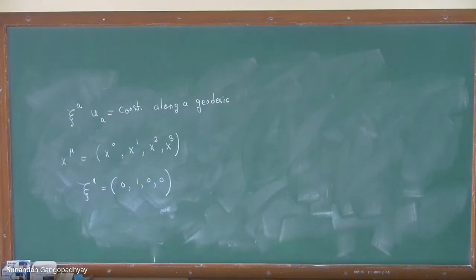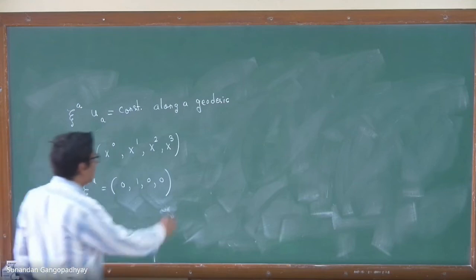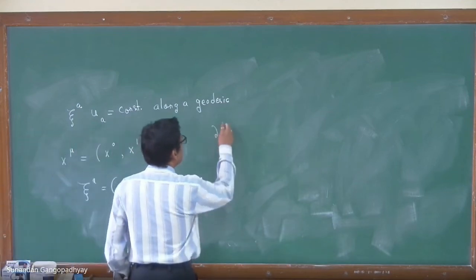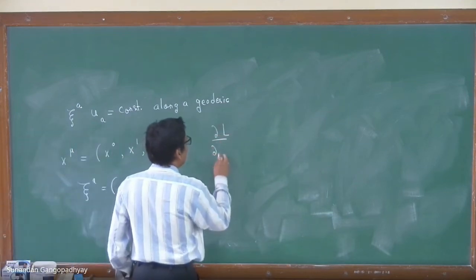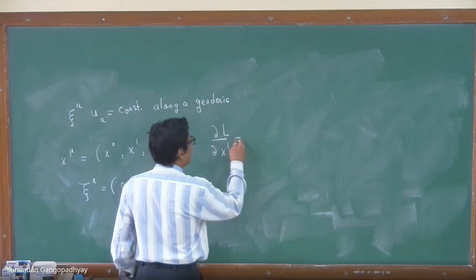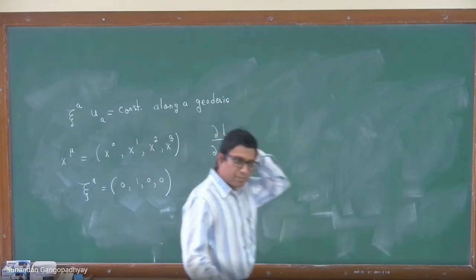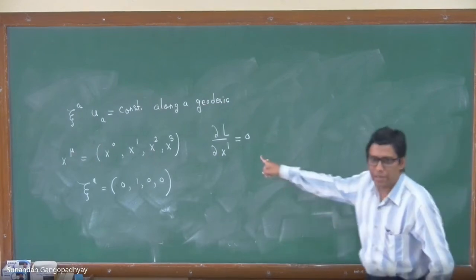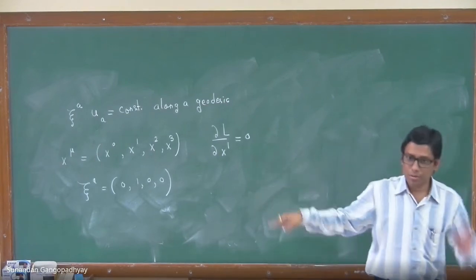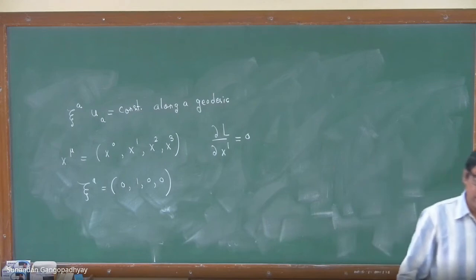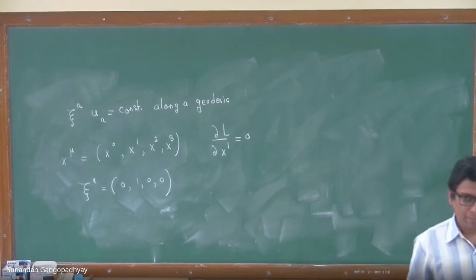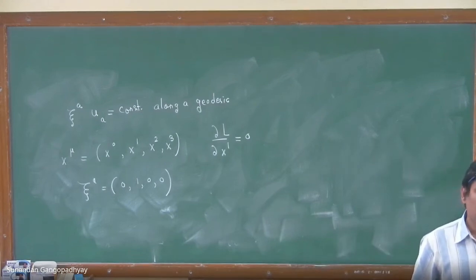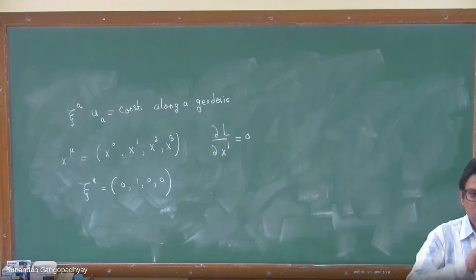So what does this tell you? It tells us that del L by del x1 is equal to 0. Because from the metric, I just did a problem, right? The problem was finding the shortest distance on a two-dimensional plane.